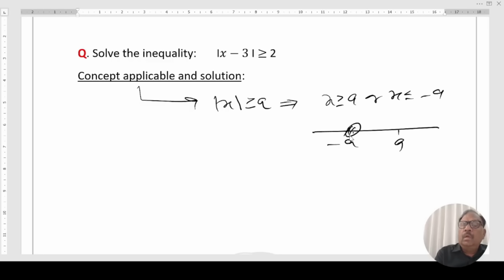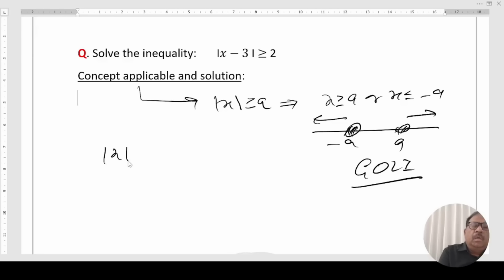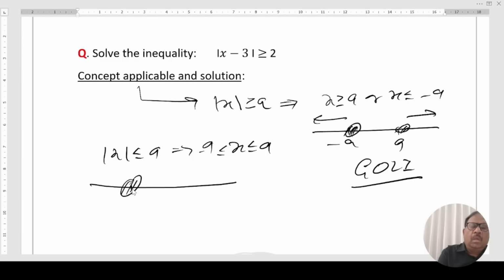If it's a closed interval, shade it dark. Goli: greater for outside, less for inside. If it is mod x less than or equal to a, then x is between minus a and a.